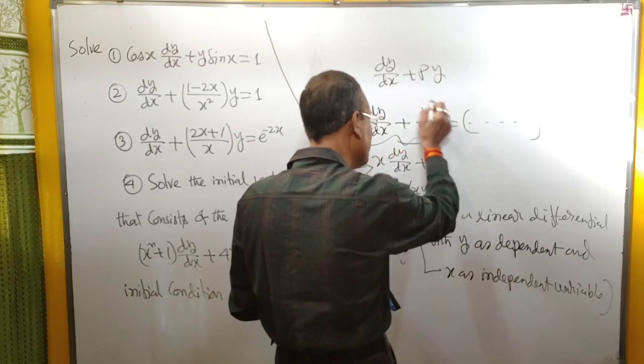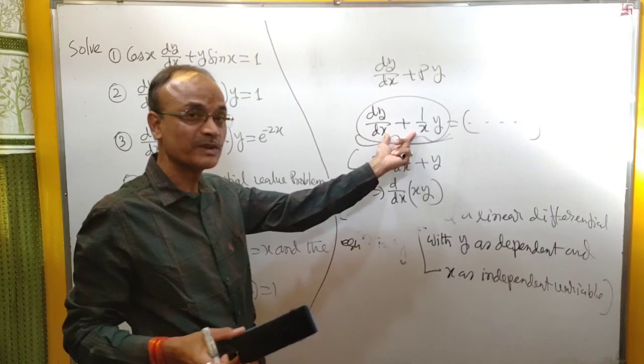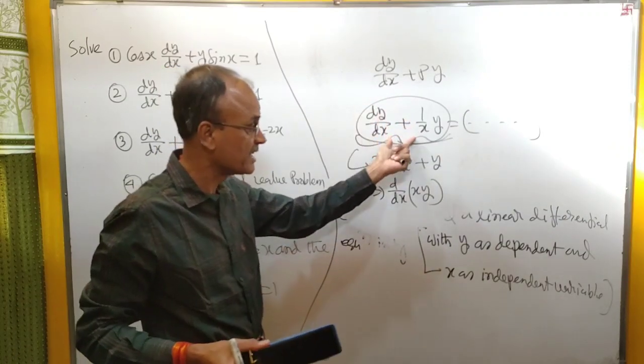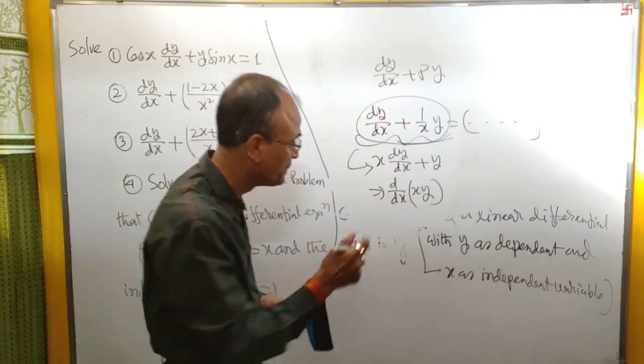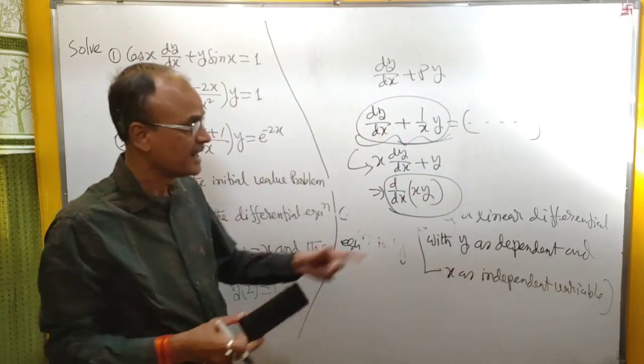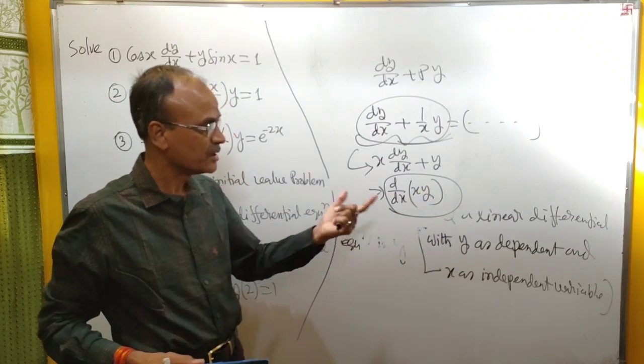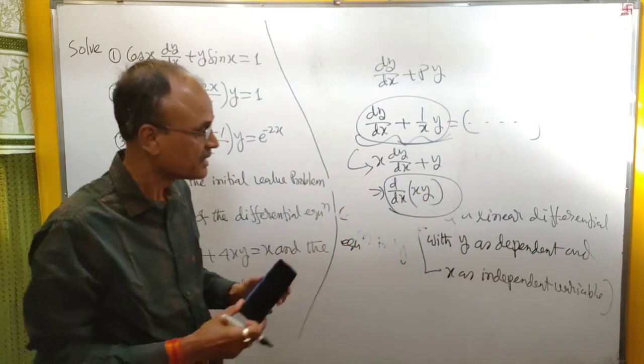So the left hand side becomes a perfect differential, and you may write it as d dx of x into y.